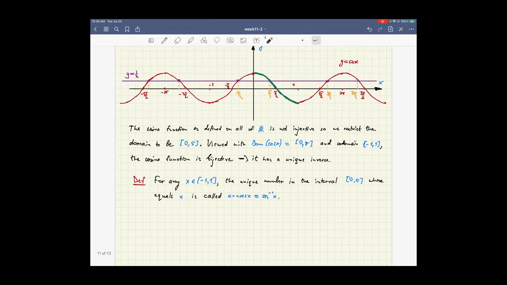It is indeed unique because the function is now injective.